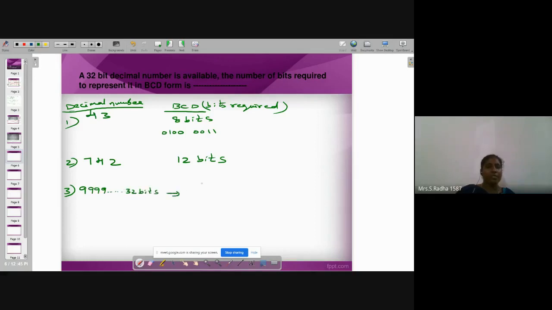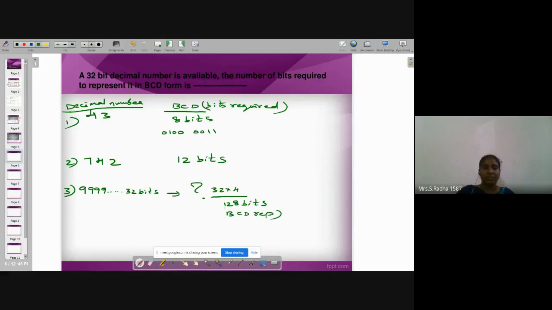Now in BCD representation, how many bits are required? What is your answer? Kindly post in the chat box. Every single digit 9 requires 4 bits. So 32 into 4. Somebody got the answer 128 bits. 128 bits are required for BCD representation.